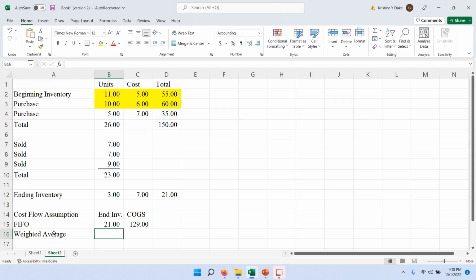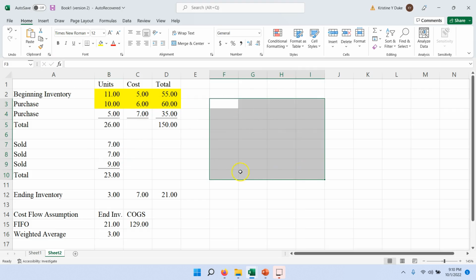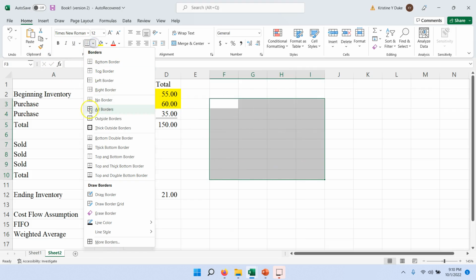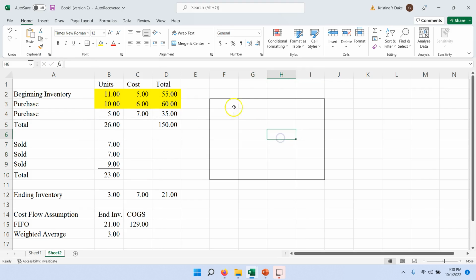Now we're going to do weighted average. So my ending inventory we know is 3. So I'm going to have to figure out what is my weighted average. I'm going to come over here and make a big box, because what more in life would we want? So I had 26 units with a total cost of 150.